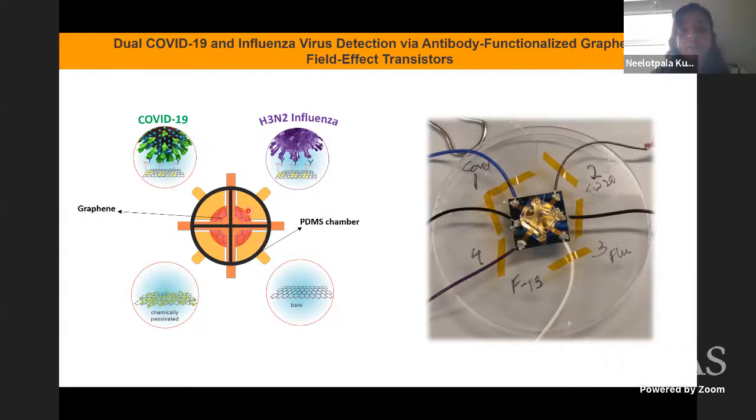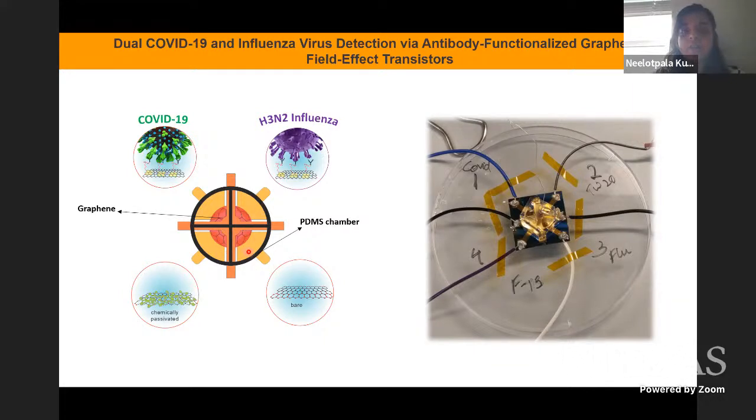So this is just the basic schematic of the device. On the left side that you're seeing, we have graphene laid out in a field effect transistor between the source and drain. And we have 4 chambers over here. One chamber is modified with the antibodies of COVID-19. The second chamber is modified with the antibodies of flu.